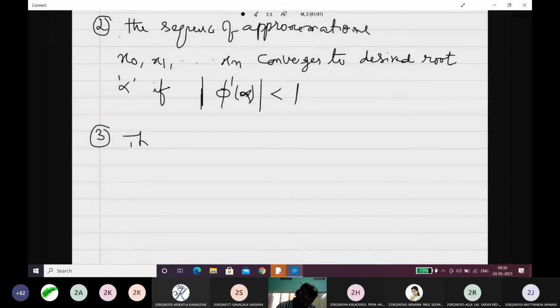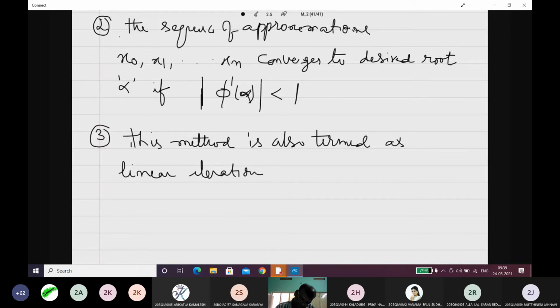This method is also known as linear iteration, as the order of convergence is linear.